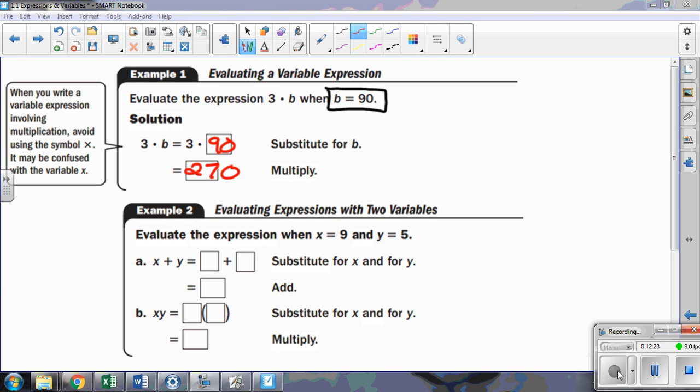Let's do the same thing down on the second one. Let's start by reading the problem. What is this piece right here? What is the expression? X plus y. And so we're going to substitute in these values. We know x is equal to 9, and so we can replace the x with a 9.